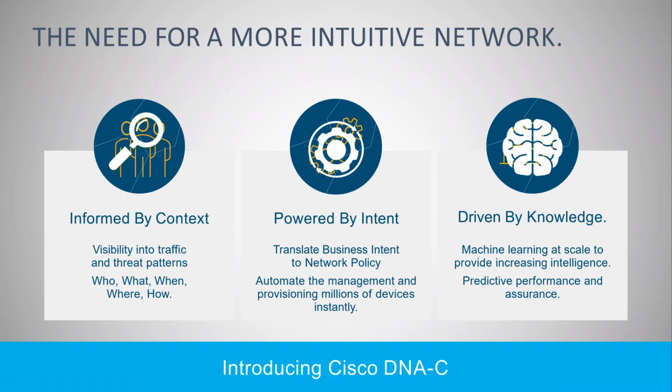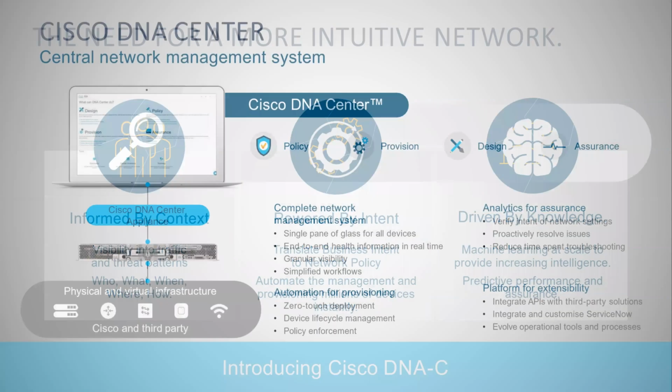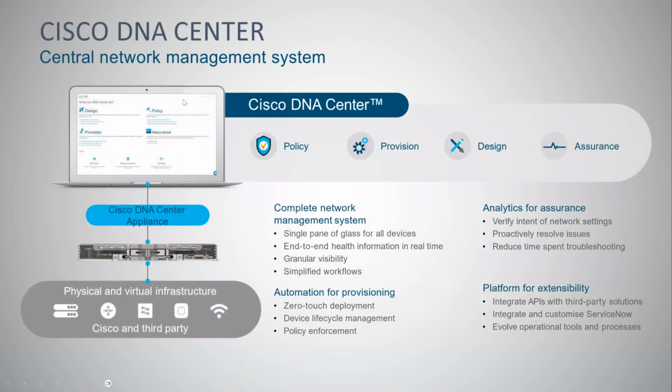So Cisco DNA is an intelligent platform. It can learn the context and can take action. It has intent-based networking driven by knowledge. That means we don't simply go and do the configuration for routers and switches, but we also have to do the planning. You can see the different phases we have in DNA: we have to design the network.